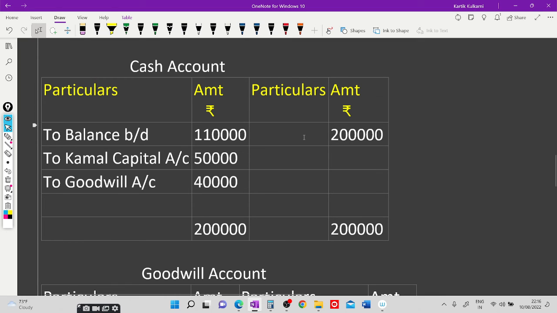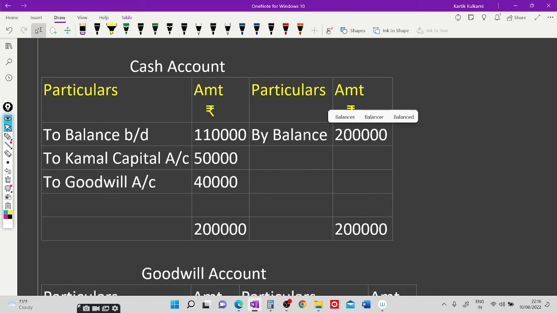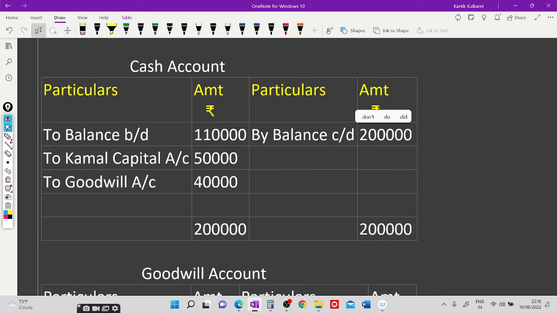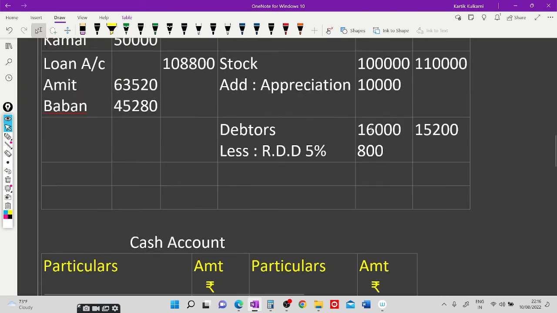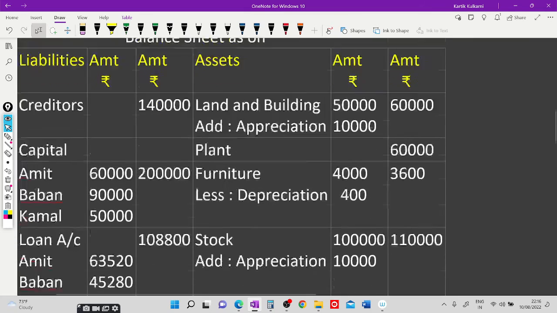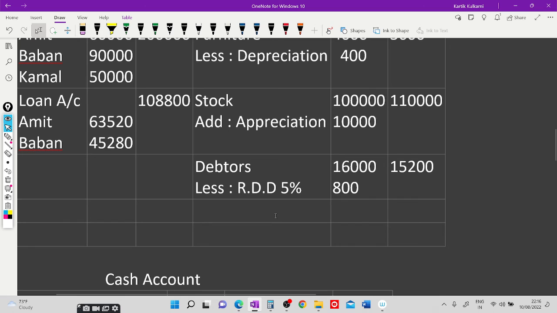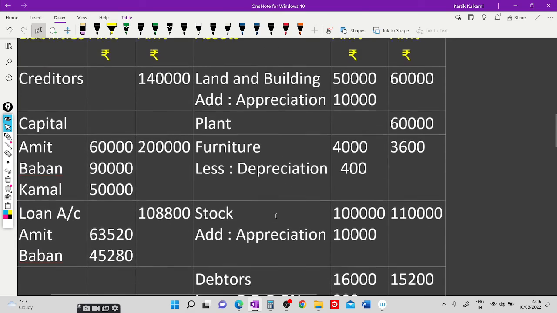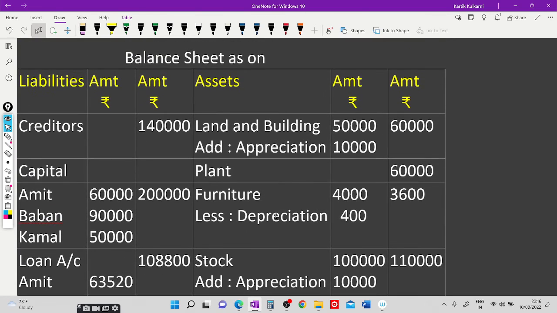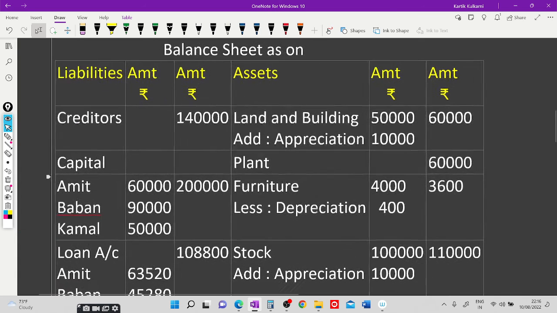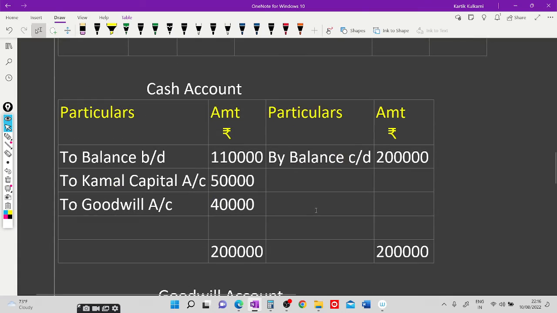This is by balance carried down. This 2 lakh cash balance will appear on the asset side of the balance sheet. We'll write cash here, two lakhs. In the assets of the balance sheet, we have written the balance of the cash account.